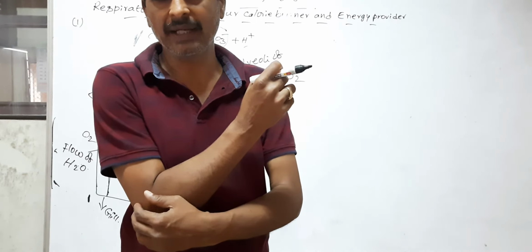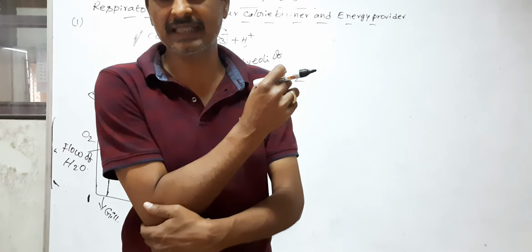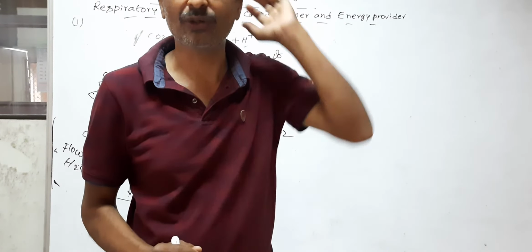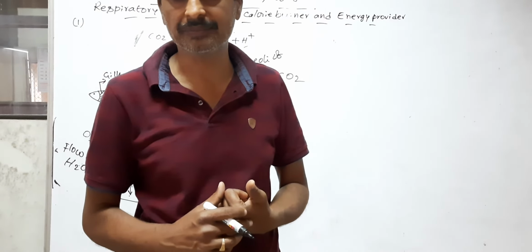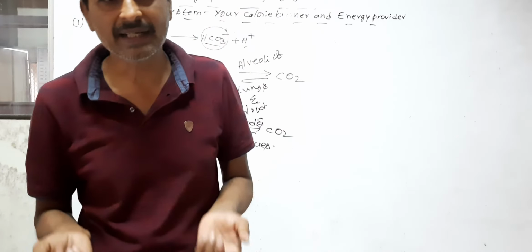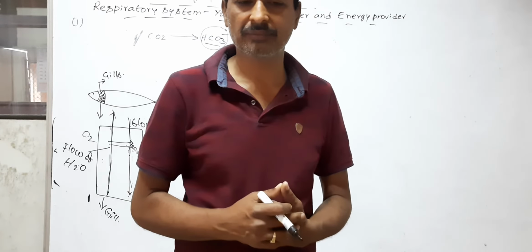So our brain possesses pneumotaxic center. It is located in pons. Pons varolii is a part of brain. It controls the respiratory rate and depth of breathing.